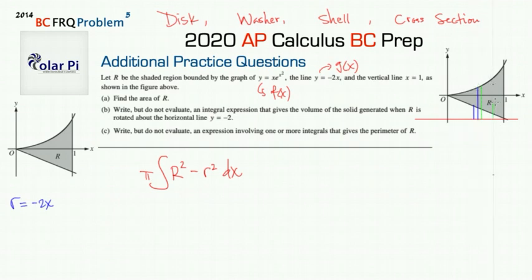That's a constant value of 2, because we know that this y value is -2, but since it's a distance, we take it to be +2. So big R is this vertical distance plus this little bit, and this little bit is the value of f at whatever x this is. So it's 2 plus f of x, and f of x is x e to the minus x squared.